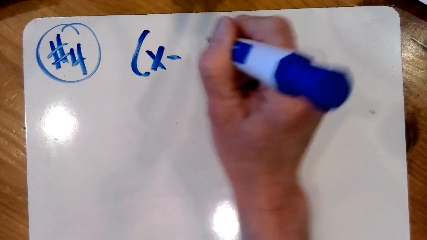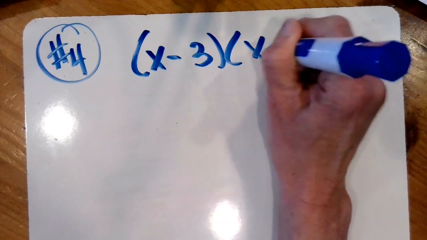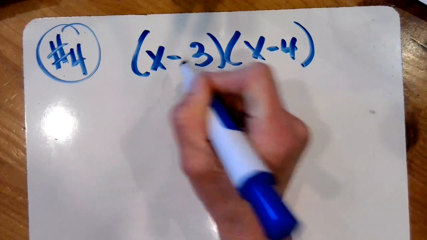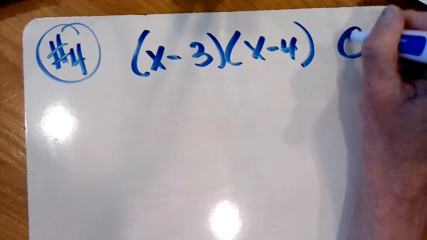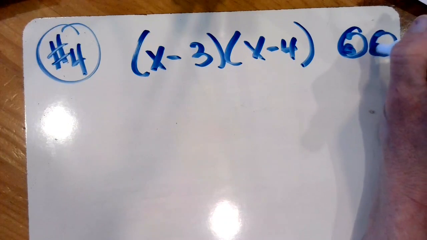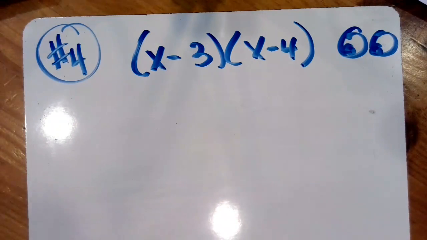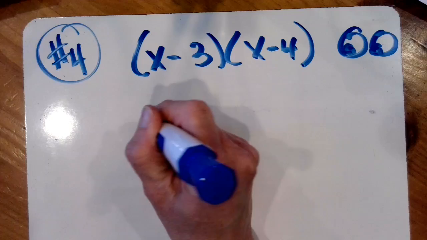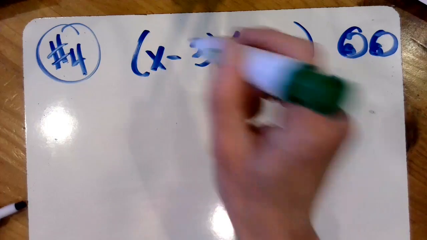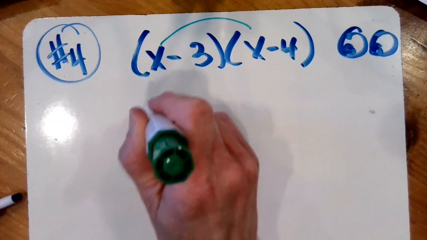So number 4 is going to have two negatives. So x minus 3 and x minus 4. I want you to get in the habit of always looking at the signs and paying attention to what that ends up doing for you math-wise. So we'll go ahead and multiply. X times x is x squared.